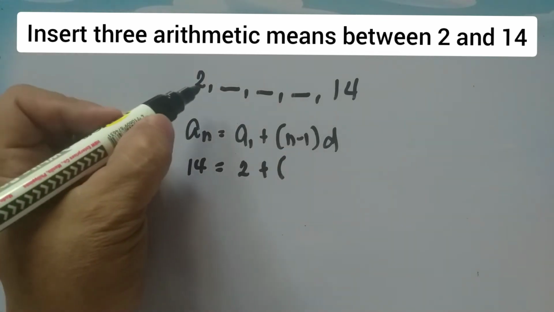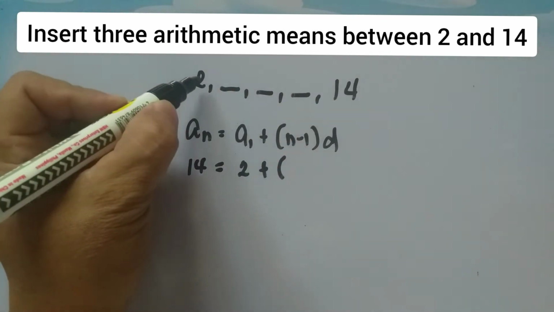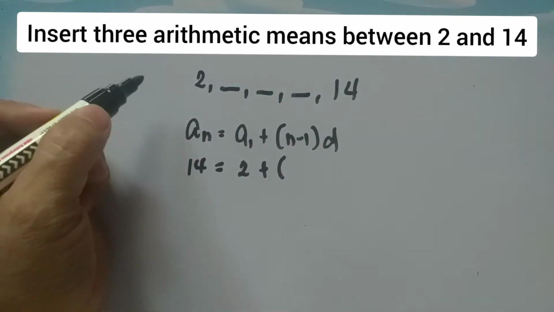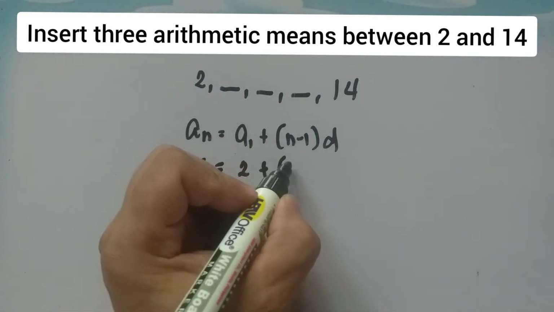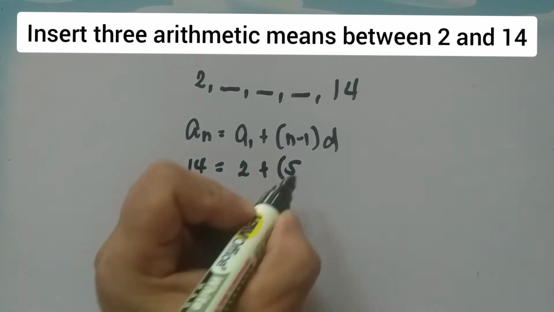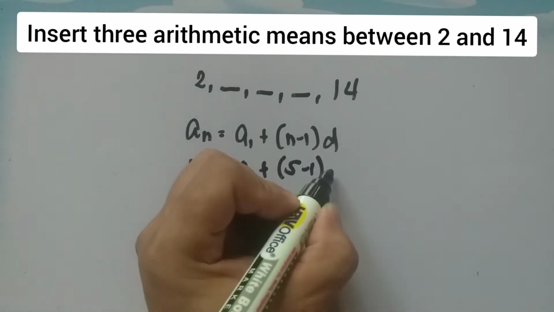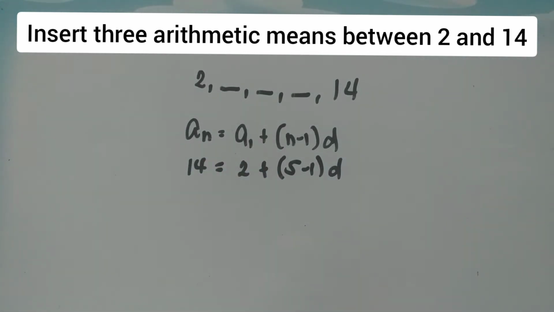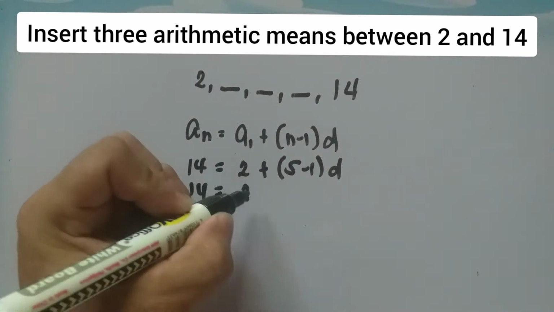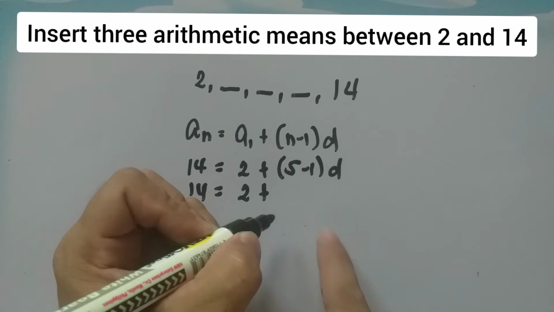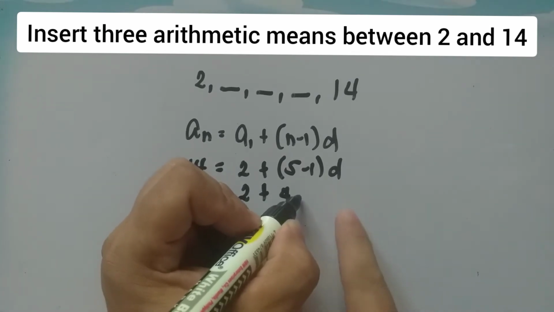So we have how many terms? 2 and 14, we have 2 terms plus 3 arithmetic means, so we have 5. So therefore we have 5 terms minus 1 times d. So 14 is equal to 2 plus 5 minus 1 is 4d.